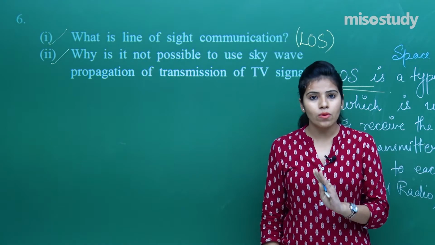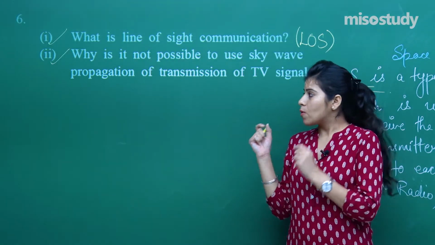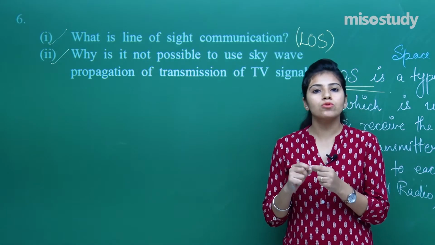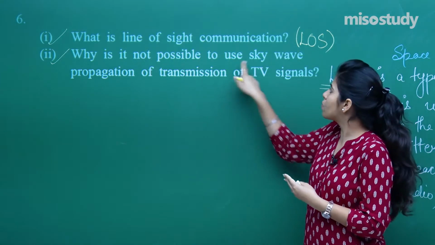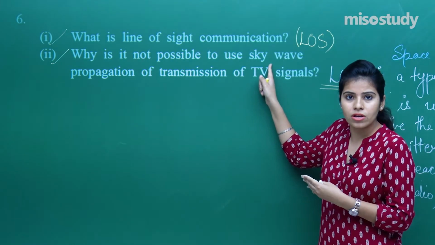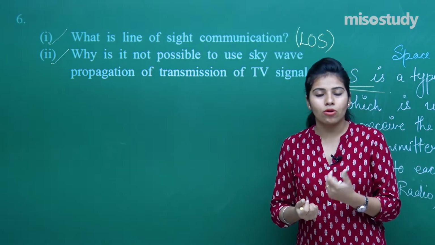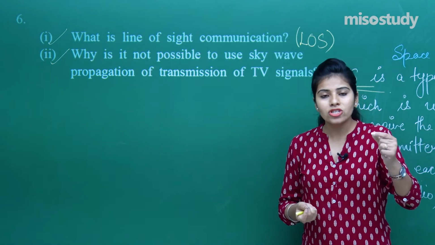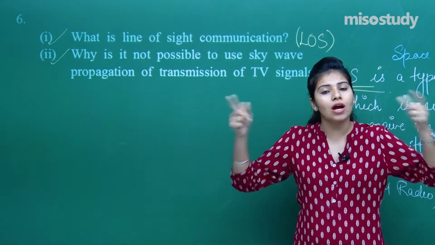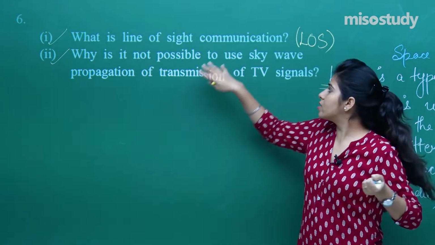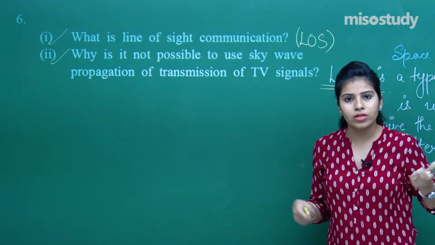The second part, why it is not possible to use the sky wave propagation of transmission of TV signal. First of all, try to understand the question. The question says that if we want to transmit the TV signals, then instead of using the sky wave propagation, we are using the antennas or dish TVs, through which we are using the cables. So that means we are using the ground wave communication, but not the sky wave propagation. What is the reason?